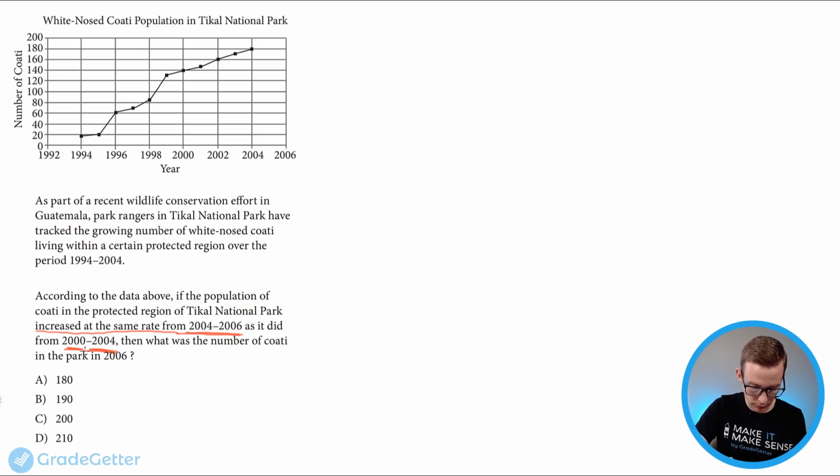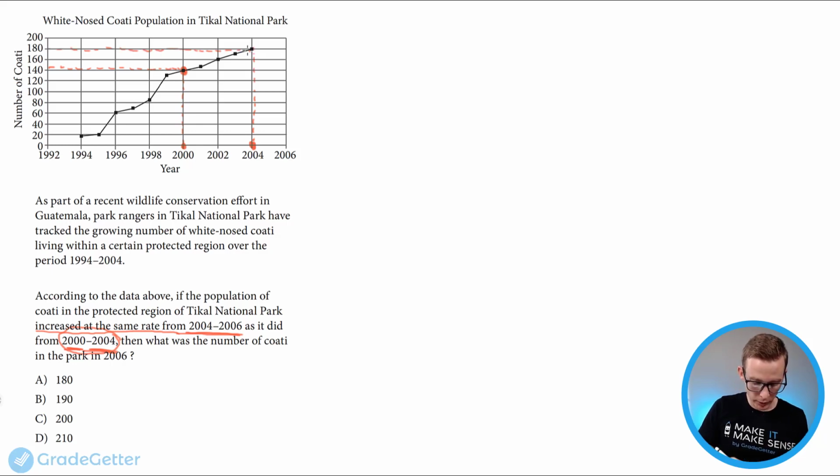So we need to look first at the rate of increase from 2000 to 2004. So here's 2000, here's 2004. So we've got to come all the way up here and then all the way here for 2000, and we do the same thing for 2004.